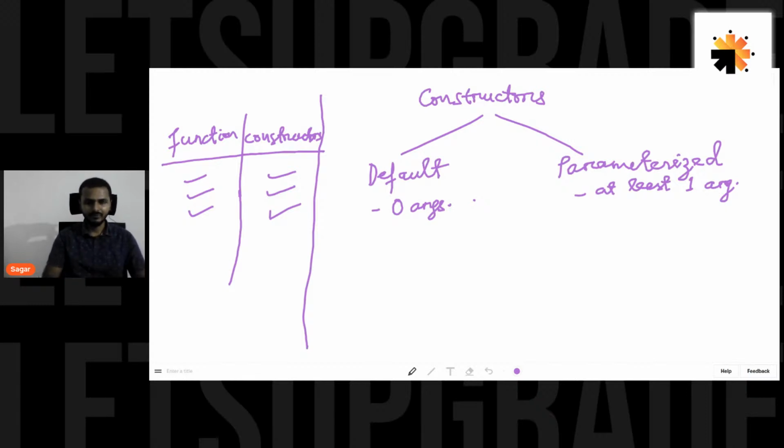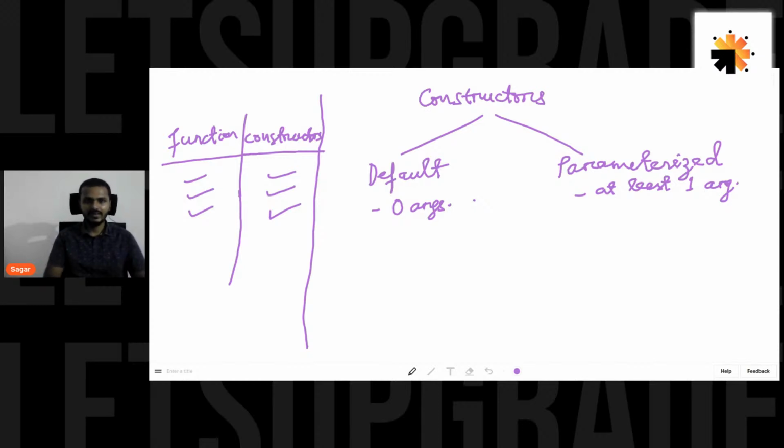So let's take a constructor with only one argument, L, and just initialize the first variable with L. We don't need to initialize length 2 and length 3. And I'll pass 10 from here.